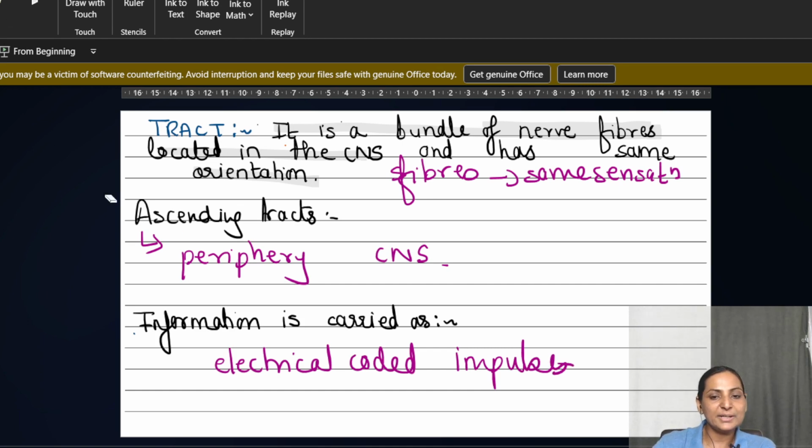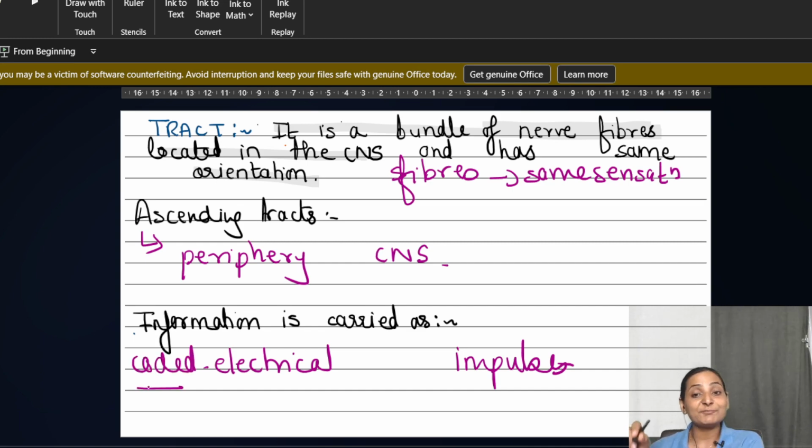Whatever information is carried to the brain is carried by nerve fibers, and the receptor is very important, because the receptor converts any form of energy into electrical energy, and therefore we call the receptor a transducer.